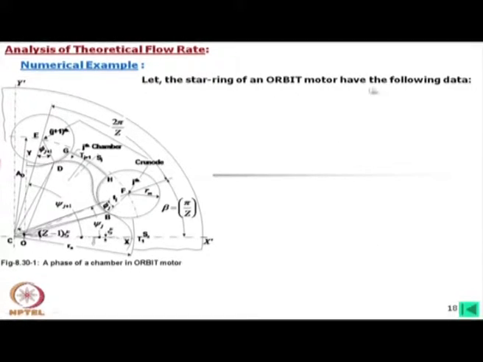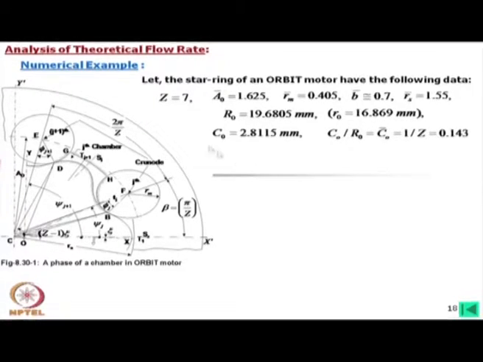Let the star ring of an orbit motor have the following data. We will take a numerical example. Now, in that case, we have taken z is equal to 7, E 0 bar is 1.625, R m bar is equal to 0.405, beta B is approximately 0.7, it is slightly not 0.7, some value is there, and R s is 1.55, whereas R 0 is 19.6805, approximately 20.